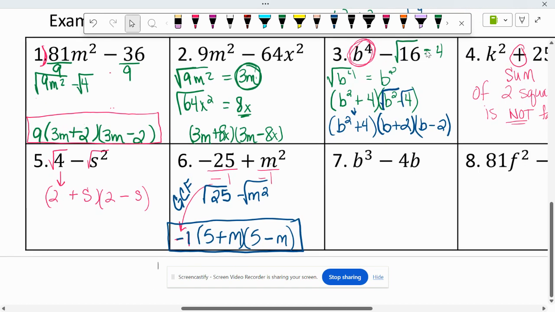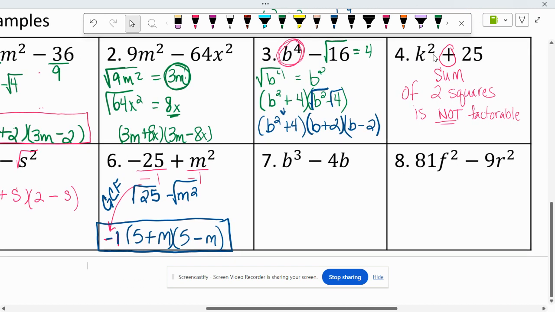All right. Jansen, I'm coming to you. Talk to me about number 7. Do you see a GCF? It's a variable term. What's the variable that's being repeated? B. So I have to take that out.